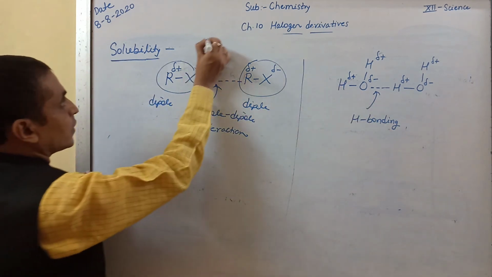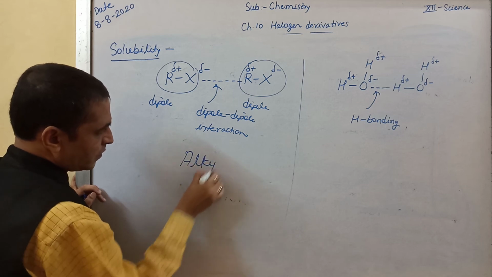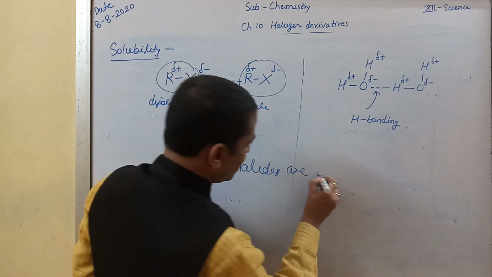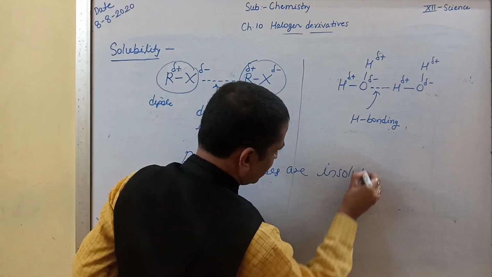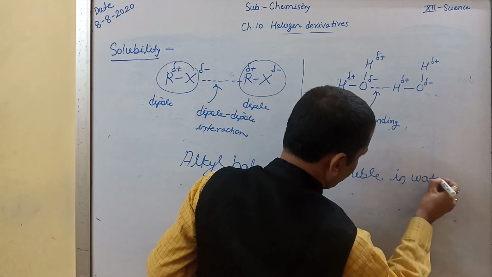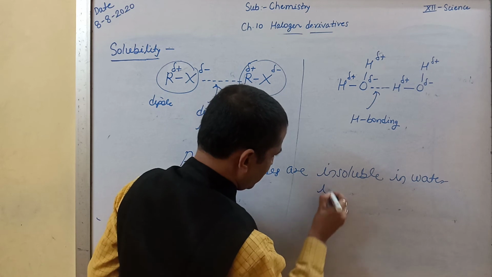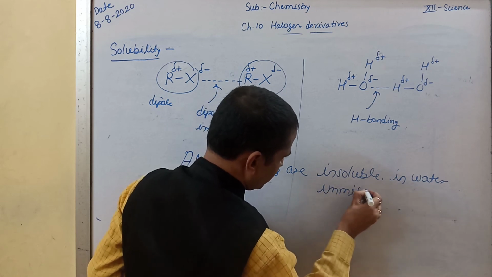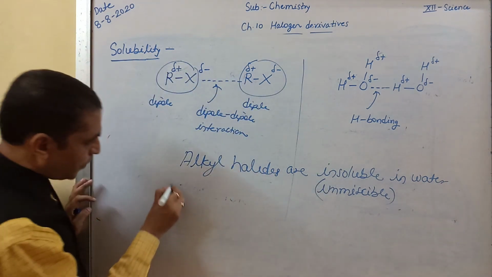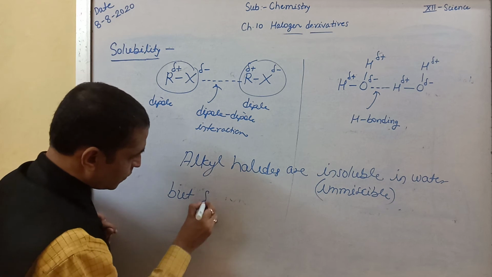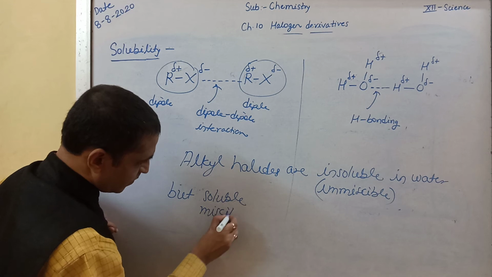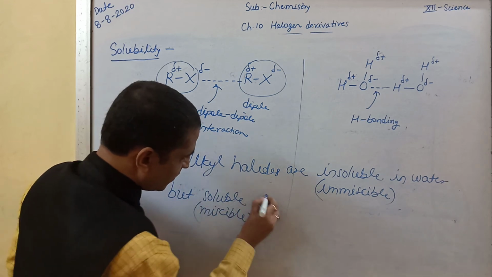You know that alkyl halides, being polar, are insoluble in water, or you can say immiscible in water, but soluble or miscible in organic solvent.